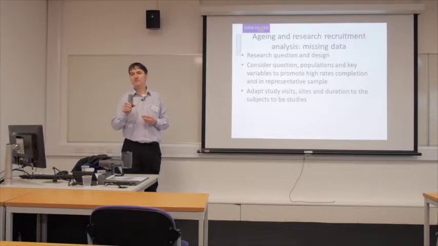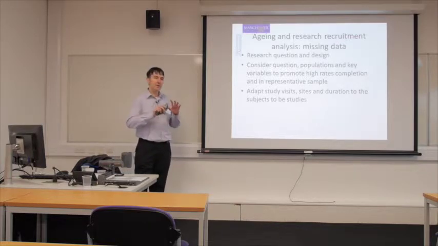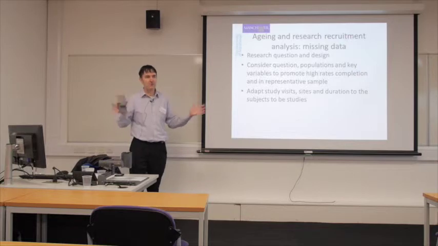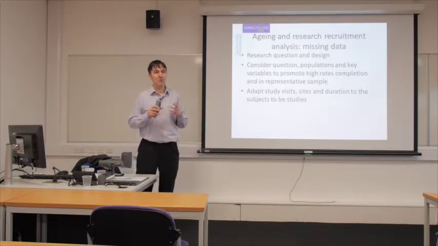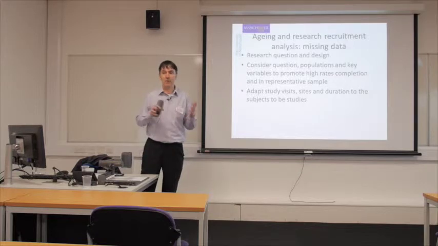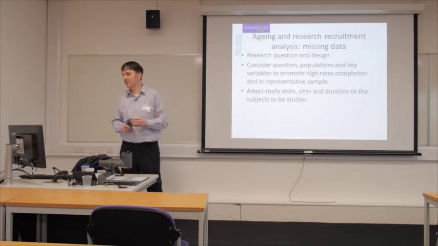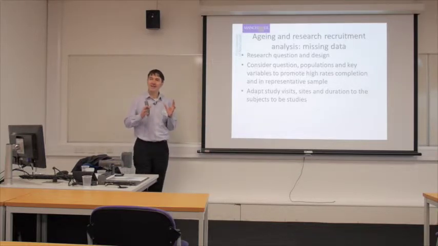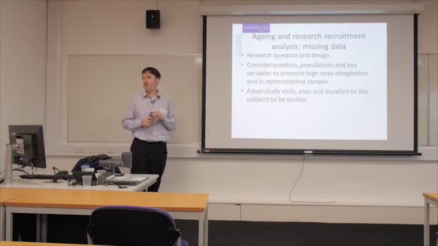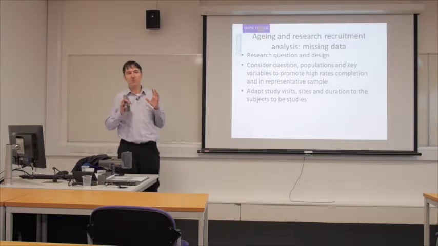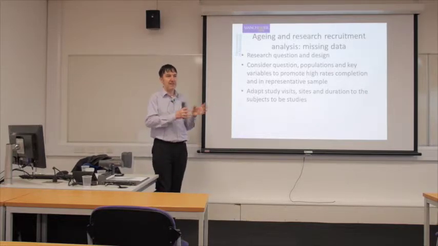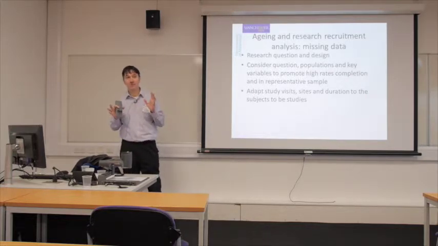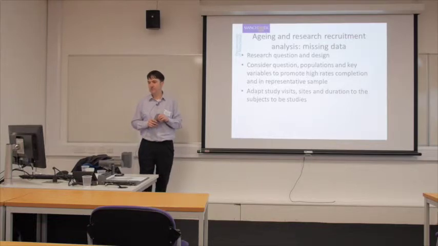Because it's always helpful to collect an interdisciplinary, multidisciplinary spread of data, particularly in older adults, where most problems are quite complex and multi-system. But you've got to be quite clear on what priority collection is and try and promote the high completion of these priority facts in a good representative sample population.